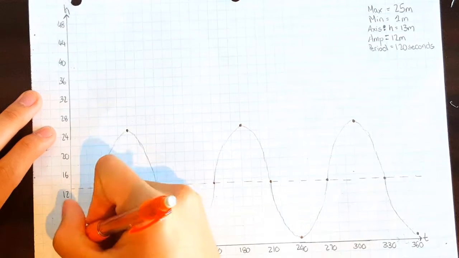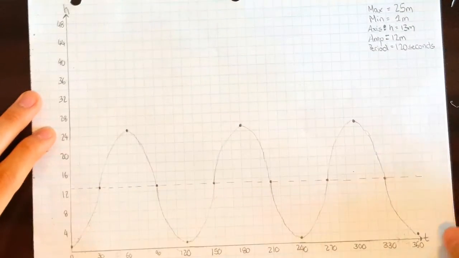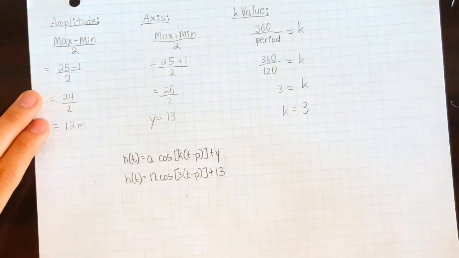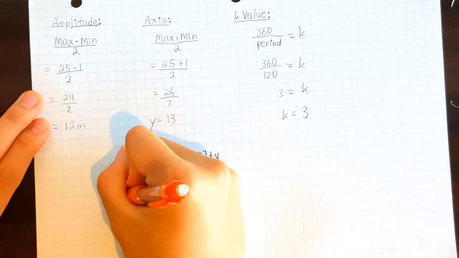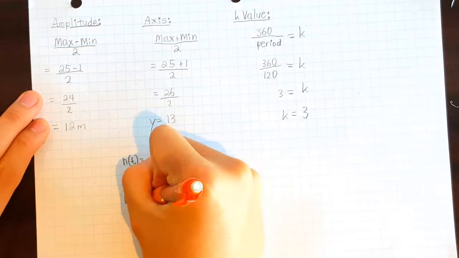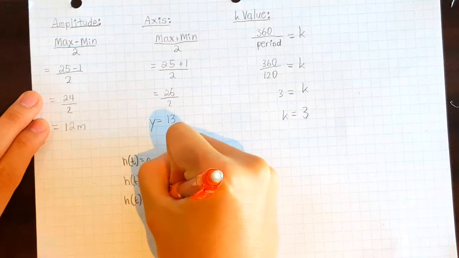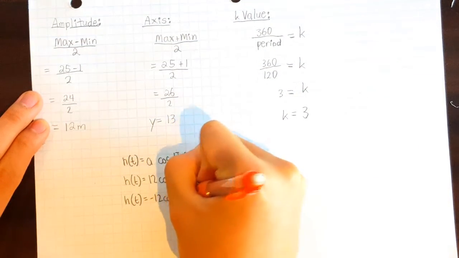So if we see this graph, we can see that it starts at a minimum, and that's the opposite of what cos usually starts at, which is the maximum. So that means that we can put negative 12, and this negative 12 means that the graph is now reflected along the vertical axis, and that means that it starts at a minimum.